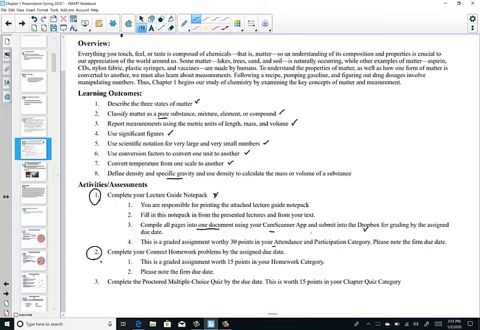They have a different number of problems for each chapter, but they all come through as 15 points into your e-learning. And then there is a proctored multiple choice quiz assigned for every chapter as well. That is a proctored quiz through our remote system called Proctorio, which you're reading about from the introduction module.